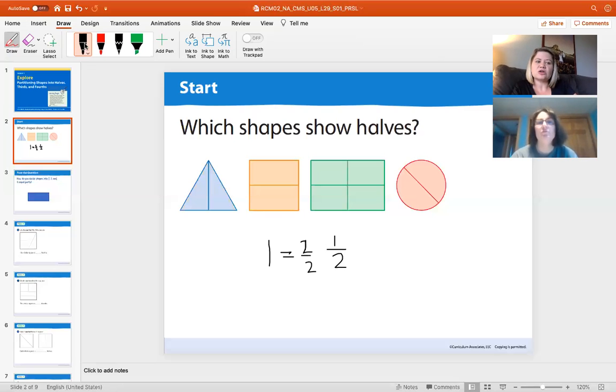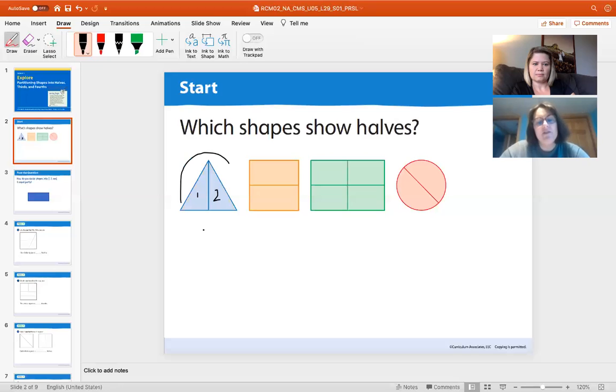So let's take a look at the shapes that we have up here. Which shapes are cut into half? So which shapes are cut into just 2 equal parts? What do you think, Mrs. Walker? So if we look at that triangle, I count 1, 2 pieces. So I would say the triangle is cut into halves.